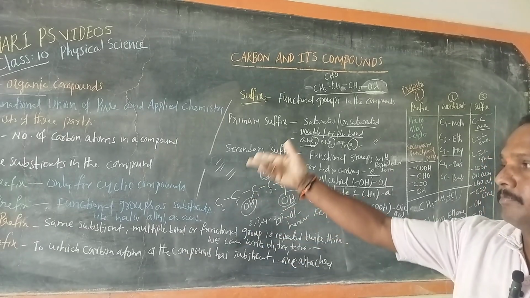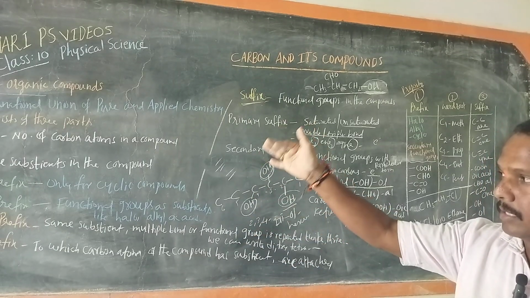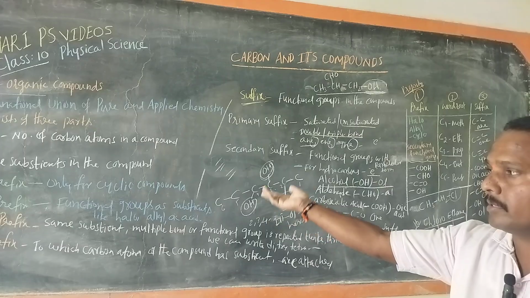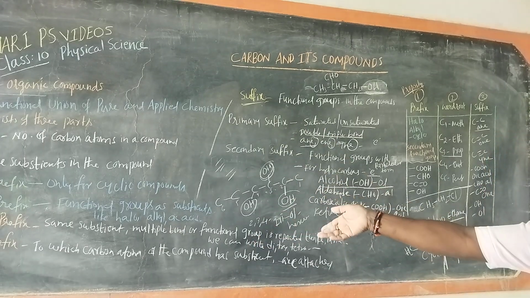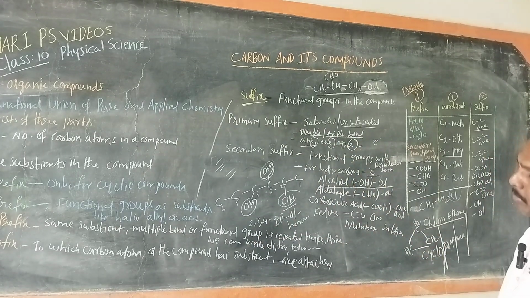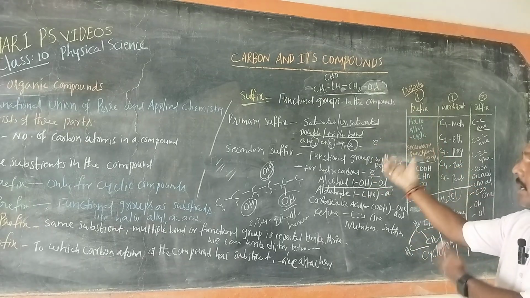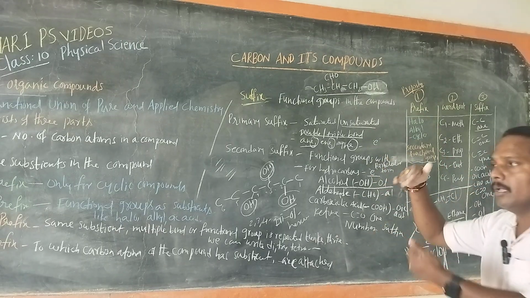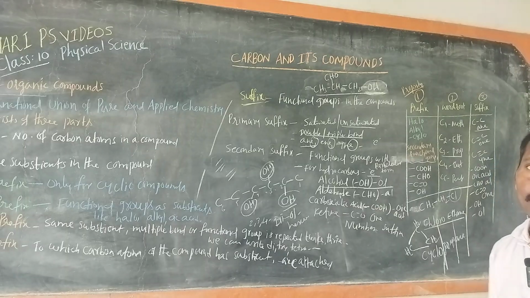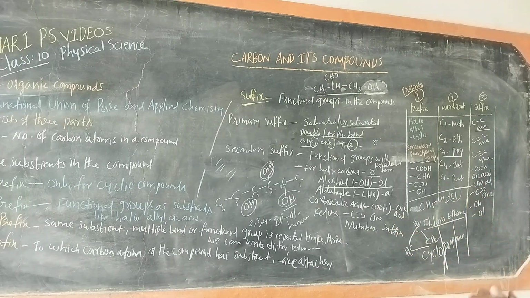Then there are primary suffix, secondary suffix, numerical suffix, number prefix or numerical prefix. These are the introduction to the nomenclature of organic compounds.